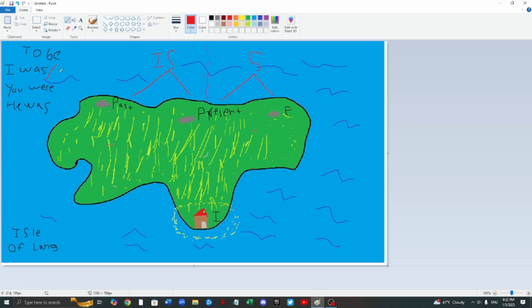Because if you think about English, when we say if I were you, that is using the imperfect subjunctive. So if you take a look at this chart right here, what I've drawn is the English conjugation chart for the verb to be. I'm just going to point out the singular pronouns here.